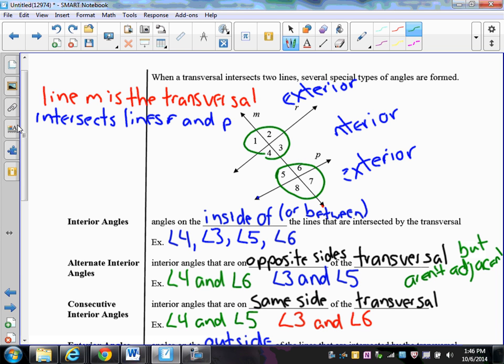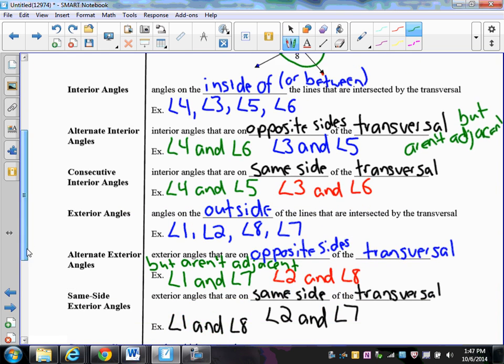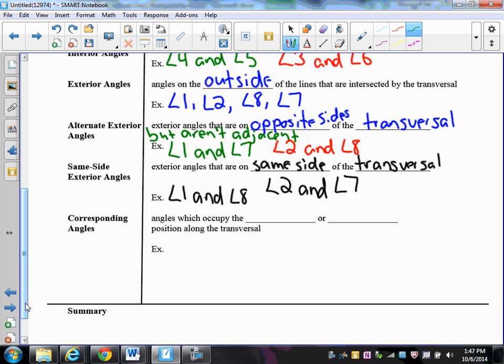What I've heard a lot of times is if you have pizza and you have 4 different flavors of pizza, the guy in this chair may like something, and whenever the second pizza comes along, he's going to be in the same position. So this is kind of like in the top left. Both of those are in the top left, so an example of a corresponding angle would be angle 1 and angle 5.